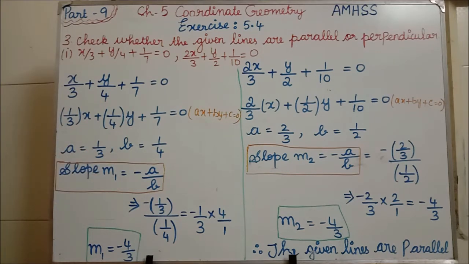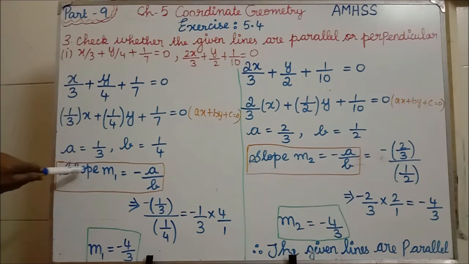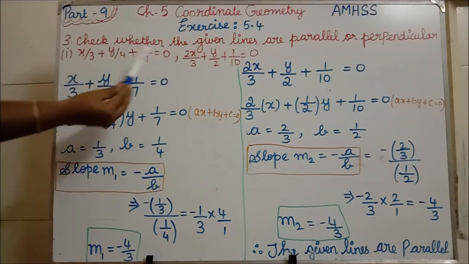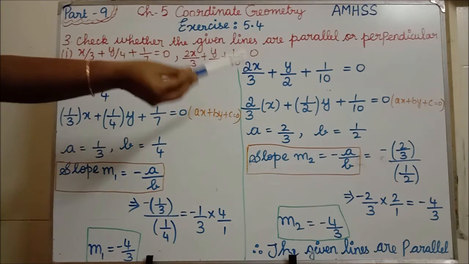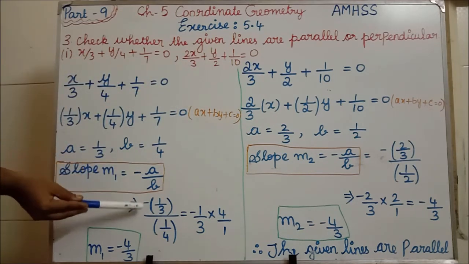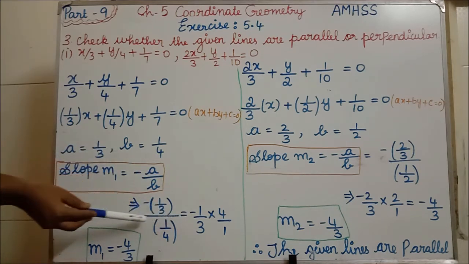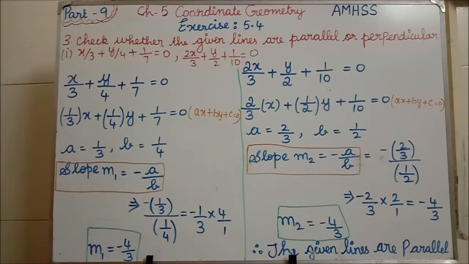Clear? I have told you in the previous problem itself, if they have given an equation and they are asking you to find the slope, the formula is minus a by b. Okay, slope m is equal to minus a by b. Since they have given two equations, we write m1 and m2. Clear? Minus, this minus I have written commonly. A value is 1 by 3 divided by b value is 1 by 4.